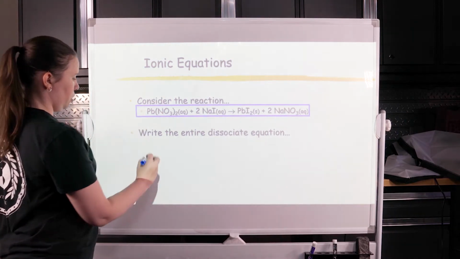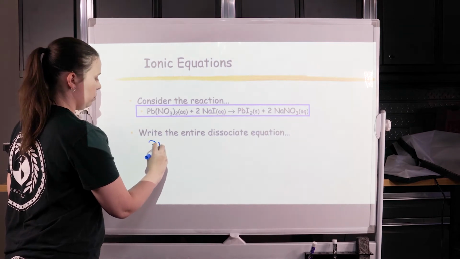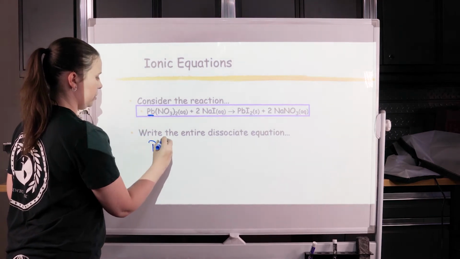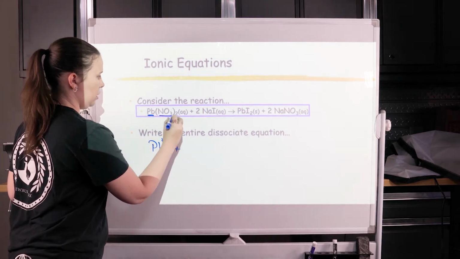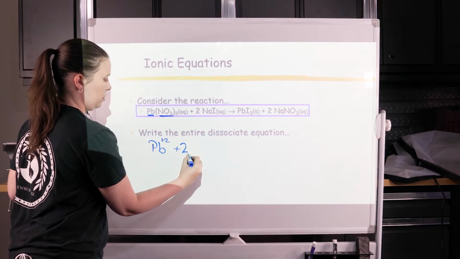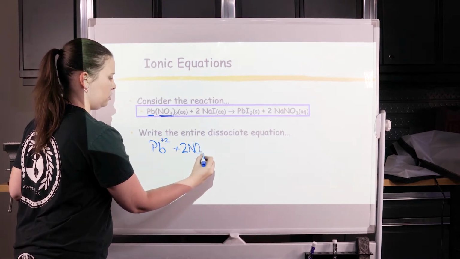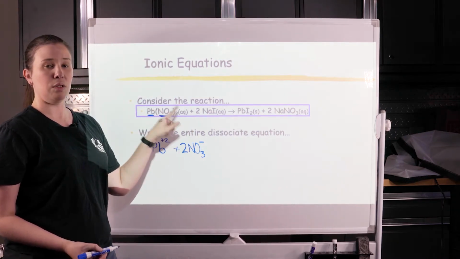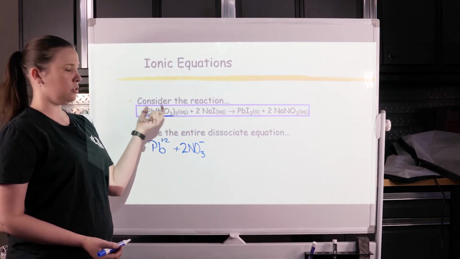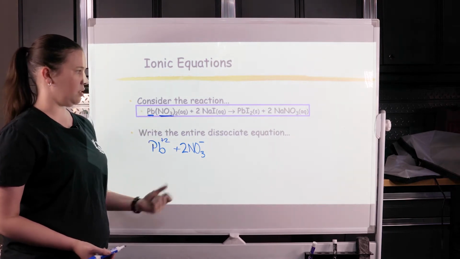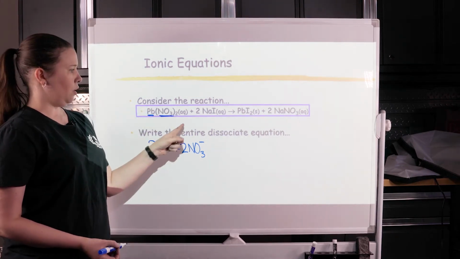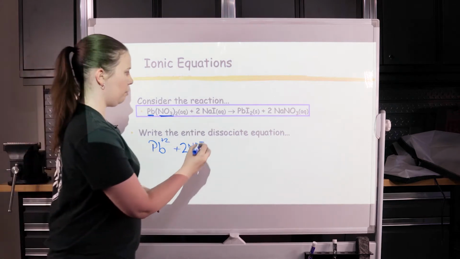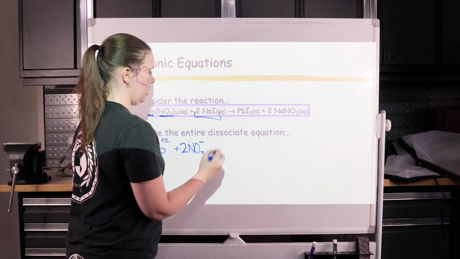Our lead nitrate. So lead, we broke up to have a +2 charge, and the nitrate breaks up as a set of 2 nitrate ions. Because it was ionic and aqueous, we know it breaks up, and we are able to determine the charges and write them as separate ions. Now I'm going to move on to the next compound, this 2NaI.